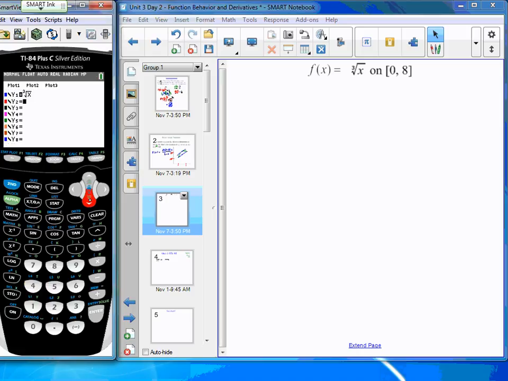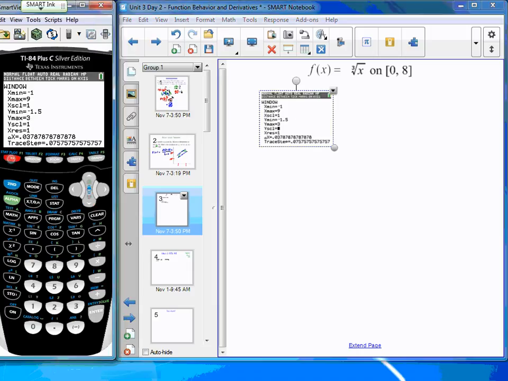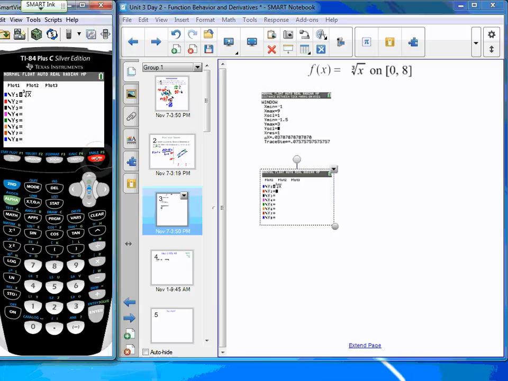X, and we'll set my window maybe -1 to 9, and maybe -1.5 to 3, and we'll see how that works. Here comes my cube root function.